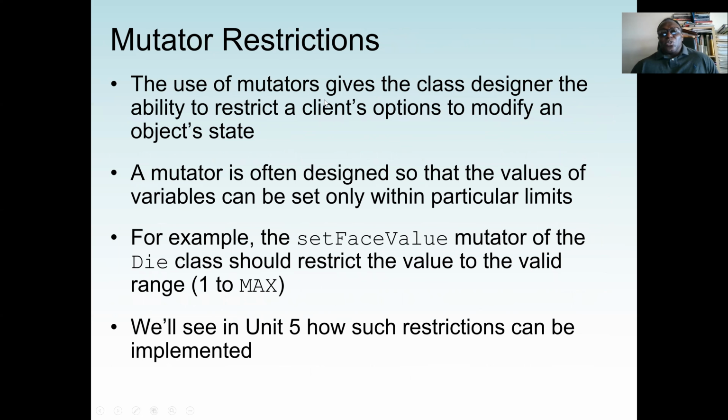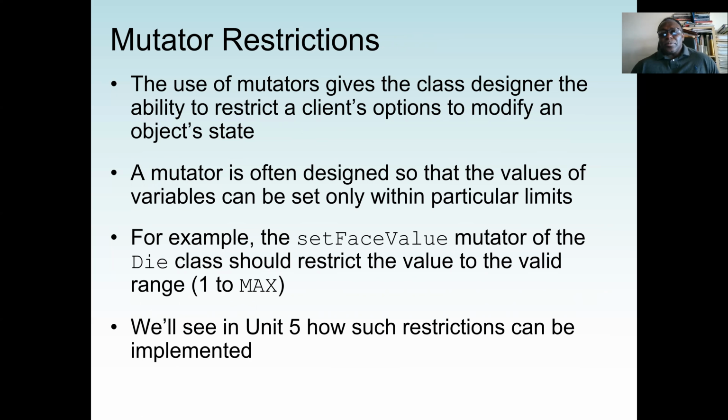So, mutators restriction. Here they say the use of mutators gives the class designer the ability to restrict clients' options to modify an object's state. So that's to mutate, to be able to change the value of the instance variables.